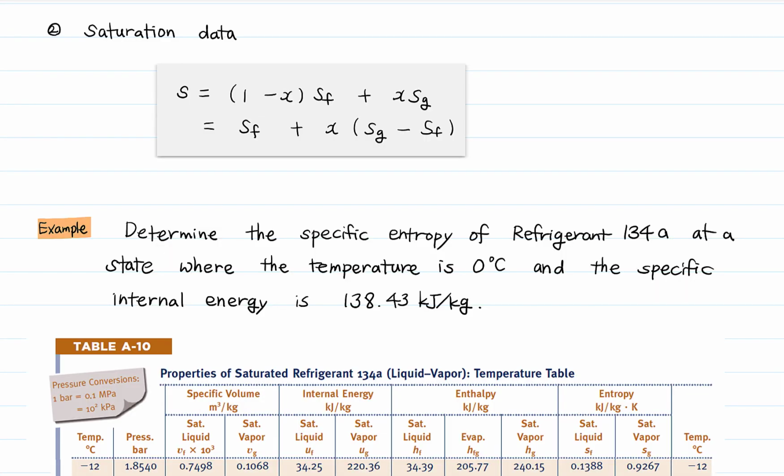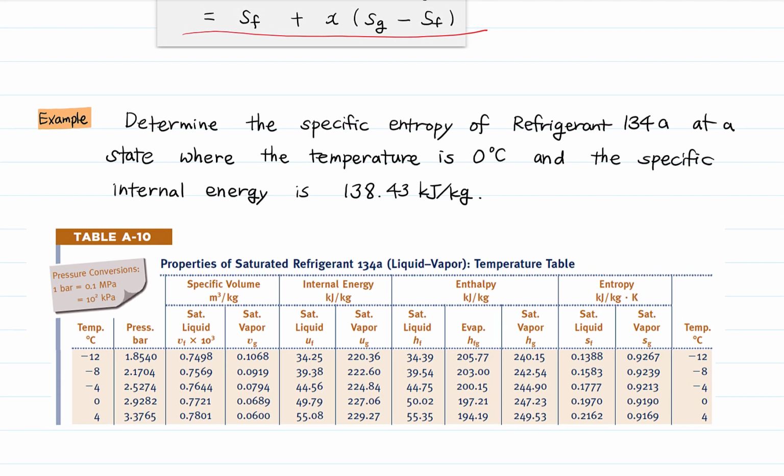If a substance is a saturated vapor and liquid mixture, we may use the quality to determine the property of the substance. It is the same method we used to determine the internal energy and enthalpy using the quality. The entropy is calculated using these equations, and we are going to work out this example.